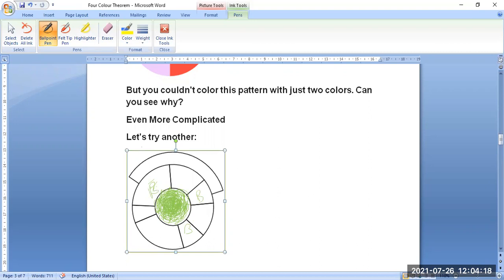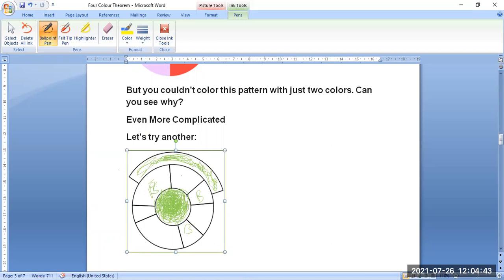So here we are taking the green. And this one is not adjacent to the small circle, so we are taking green here.